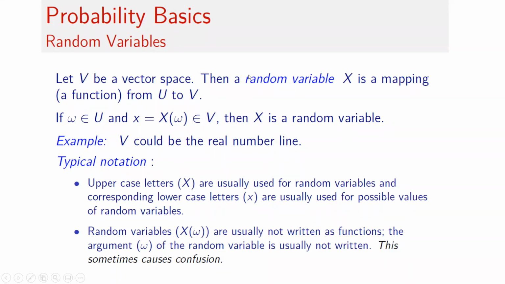Then we can set a random variable, capital X, and this random variable is a mapping from our universe to a vector space, capital V. So capital X is a function to map from one space to another space, okay?